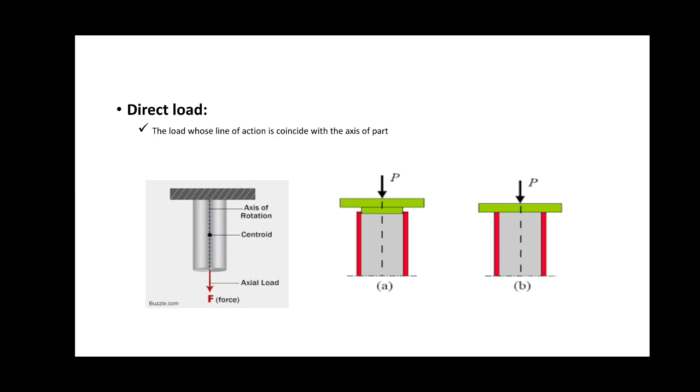That force may be compressive or that force may be tensile. So whatever the type of force, that force must coincide with the axis of the part, must lie on the axis of the part, must act at the center of that part. It's called direct load.